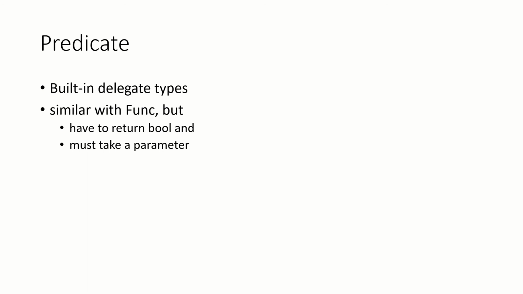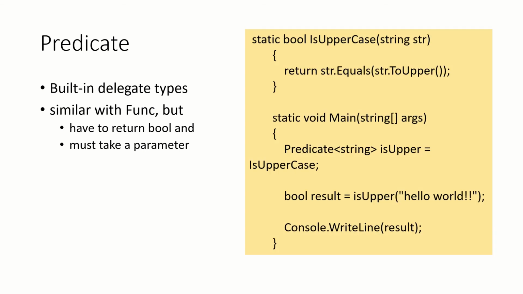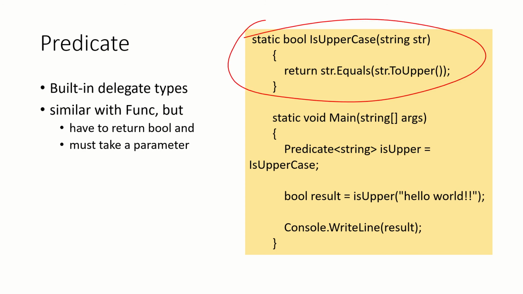Another one, Predicate. This is another one, but it has a return type, only returning Boolean, and it must take a parameter. So look at this code. This is an uppercase method, and this method returns only a Boolean, right?